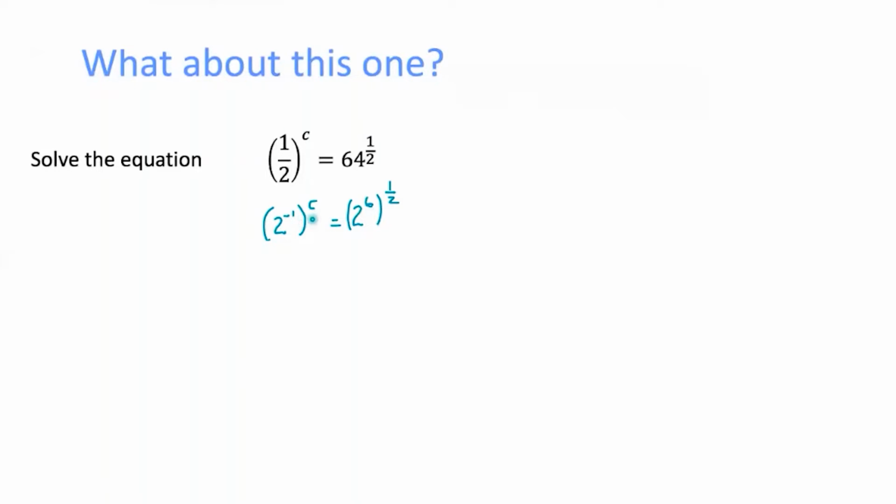So notice here we have, again, a number raised to a power, and that is raised to another power. So we can apply the power of power property here. So when we apply this property, we end up with 2 to the negative c is equal to 2 to the 3rd, because 6 times 1/2 is 3.